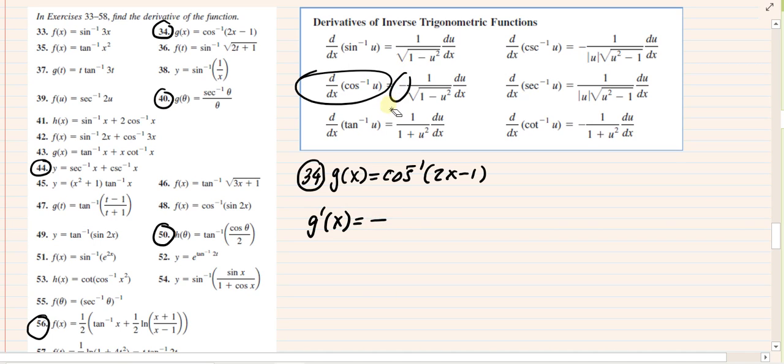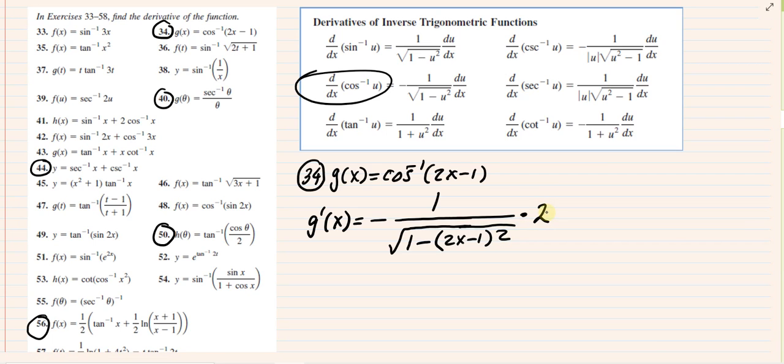So we have negative of 1 over, in this case, u is 2x minus 1, so it's going to be the square root of 1 minus (2x minus 1) quantity squared. And then chain rule, times the derivative of the inside function, times 2. So that's what number 34 turns out to be.